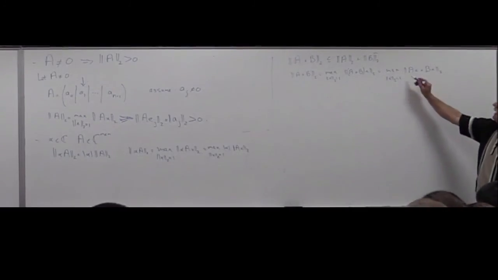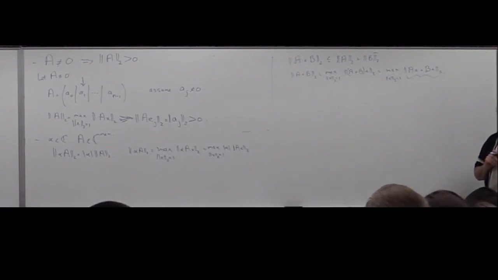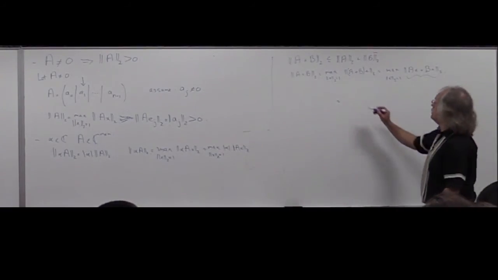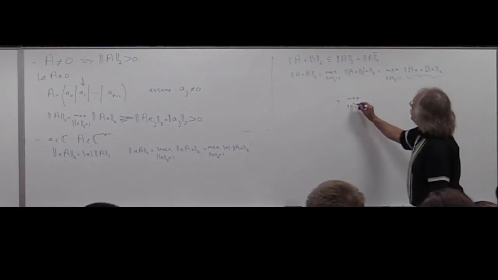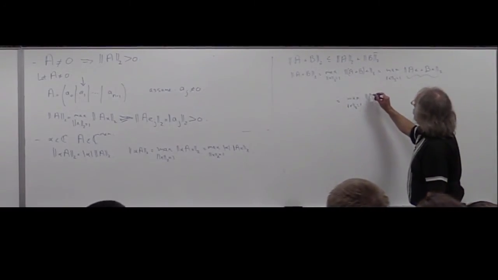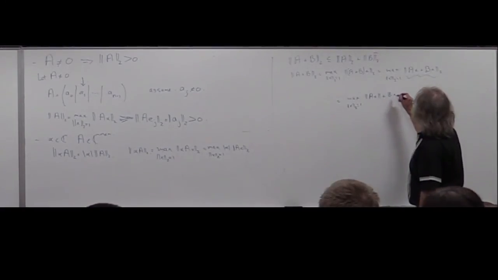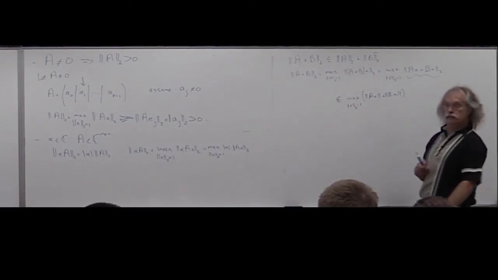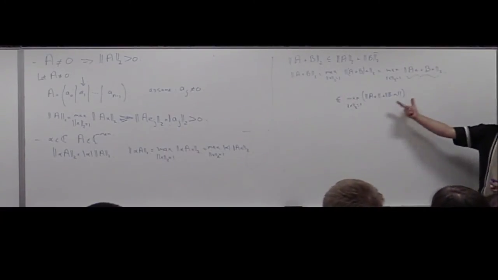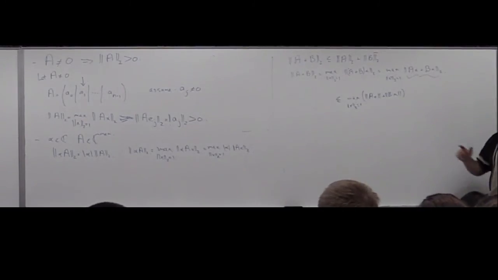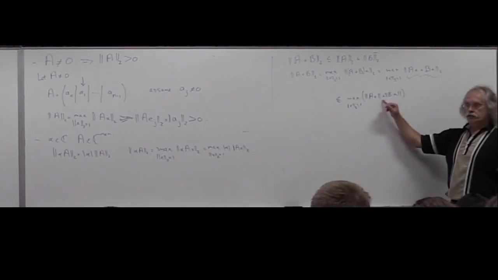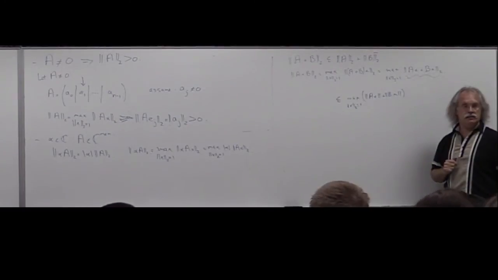Okay? Here, we're taking the 2 norm of a vector because A times x and B times x are vectors. So we know that the vector 2 norm is a norm, and therefore the triangle inequality applies. So you get the max over the 2 norm of x equals 1 of the norm of Ax plus the norm of Bx, except that's now an inequality, right? We've replaced this with something bigger. Now notice that here you're maximizing over x, and it's the combination of the two that you're maximizing.